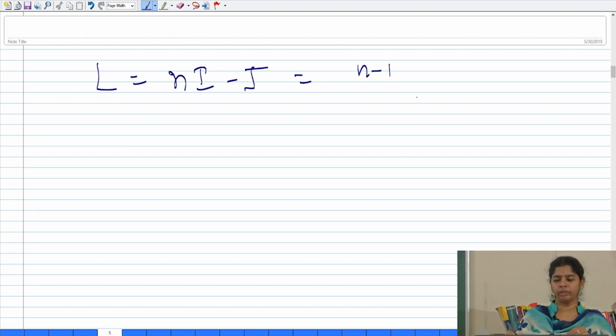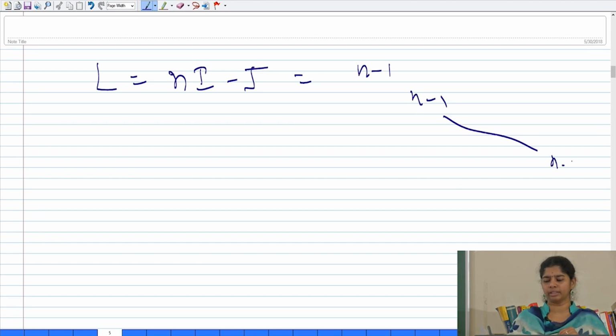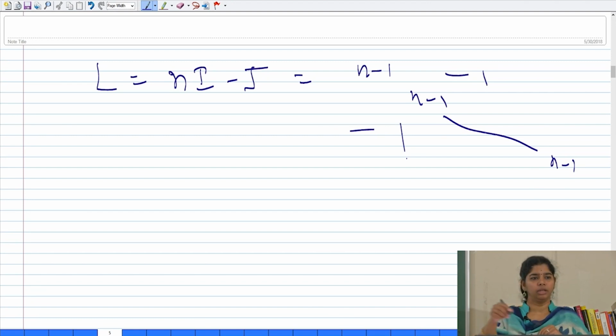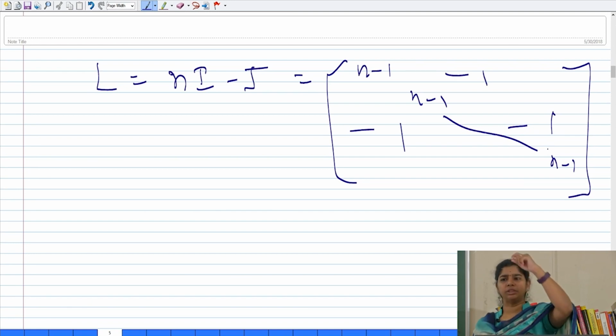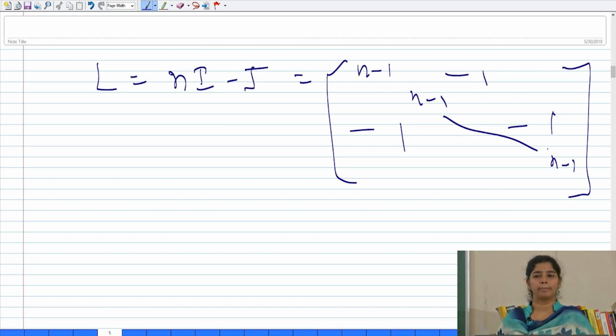Suppose I have my Laplacian matrix, I know it is nI minus J, or in simple terms it is going to be n minus 1 along the diagonal and minus 1 everywhere else, right. Suppose I remove this edge 1, 2, where will the impact be in this matrix? Only if you look at this 2 by 2 submatrix, the impact is going to be only over there, right.